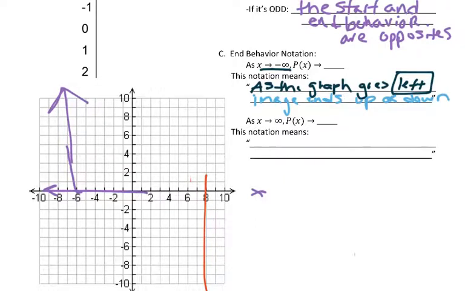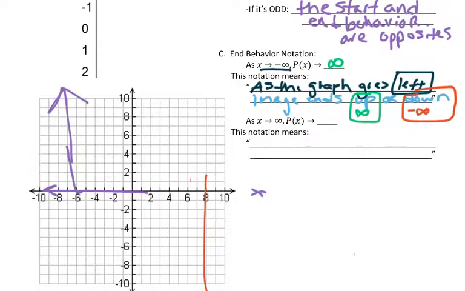If the image ends up, what's going to happen is you are going to answer this as infinity. And if it ends down, you're going to answer it as negative infinity. So taking a look at what we have, as it's going left, it's going up, and so our answer is going to be infinity.